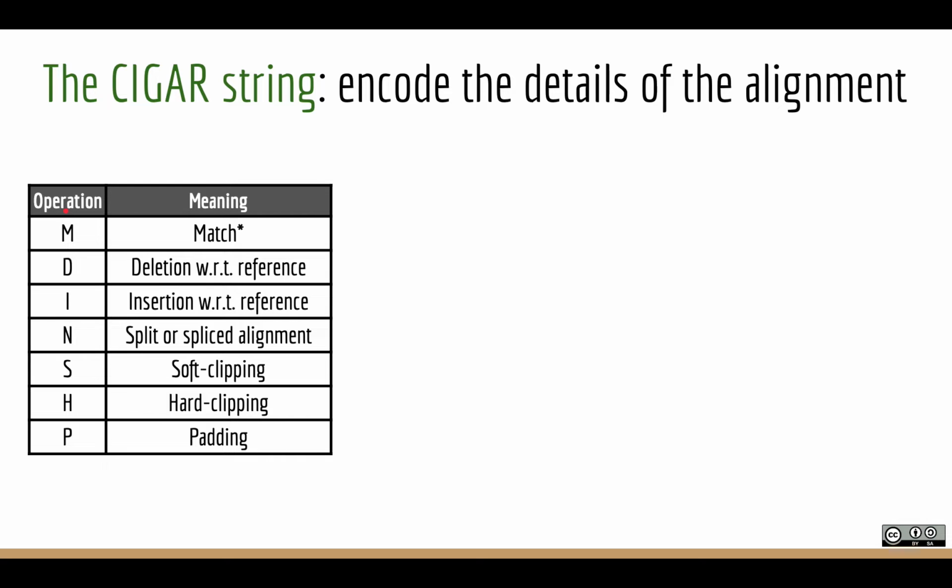And the codes are things like match, a deletion with respect to the reference, an insertion with respect to the reference, denoted by M, D, and I, and N if there's a splice in the alignment. So RNA-seq data has Cigar strings with a lot of N's in them to represent the split exon-exon boundaries in the cDNA. There's S and H for clipping.